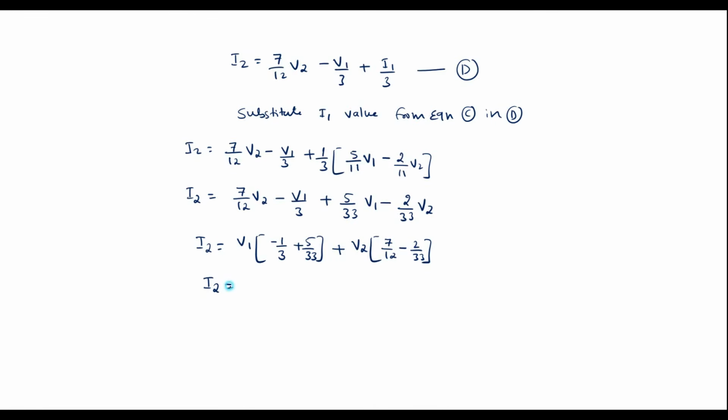Simplifying this, I2 is equal to minus 2 by 11 V1 plus 23 by 44 V2.